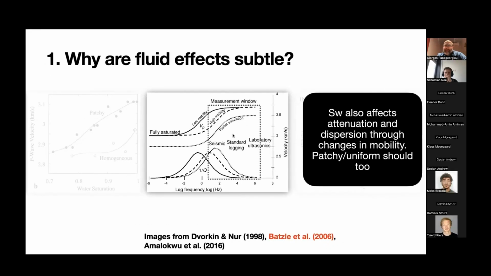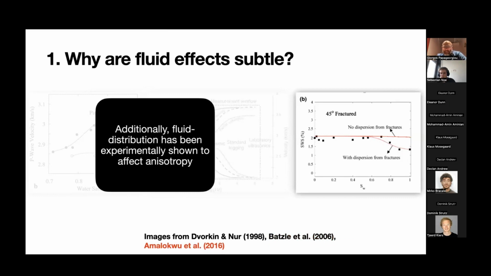But there is the idea that if you have a different mobility, then the way you saturate a medium, if it's imbibition or drainage, should have different values of mobility for the same saturation. So the ambiguity carries over in this dispersive medium as well. And finally, there is the ambiguity associated with what happens when you have an anisotropic rock, right?